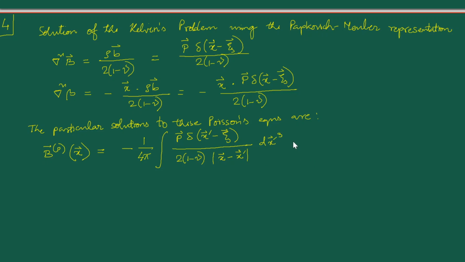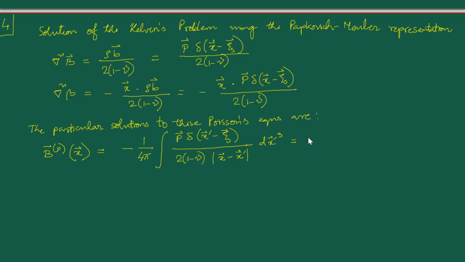So what is the result of this? You understand that here this p vector is a vector but it's a constant. So exactly like the example problem that we had done in the previous lecture, this can be taken out of the integration. Also this 2 into 1 minus nu can be taken out, and what will be left within the integration is this delta x vector dash minus xi vector divided by this magnitude.